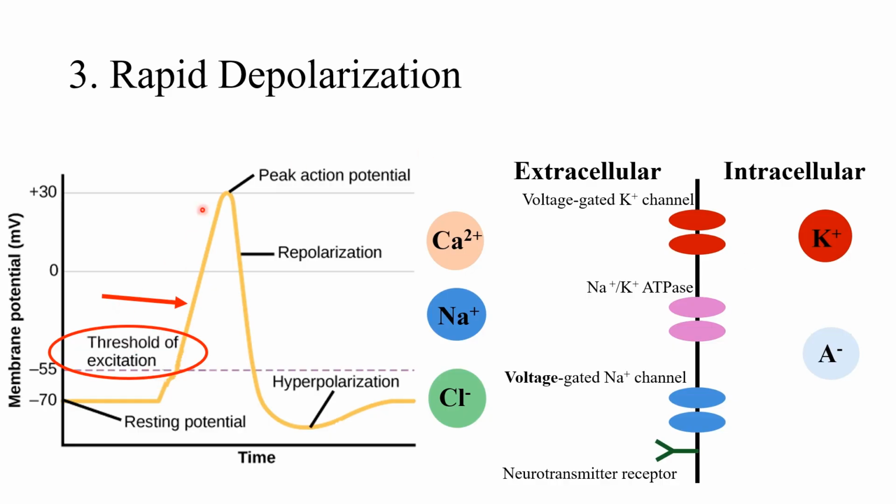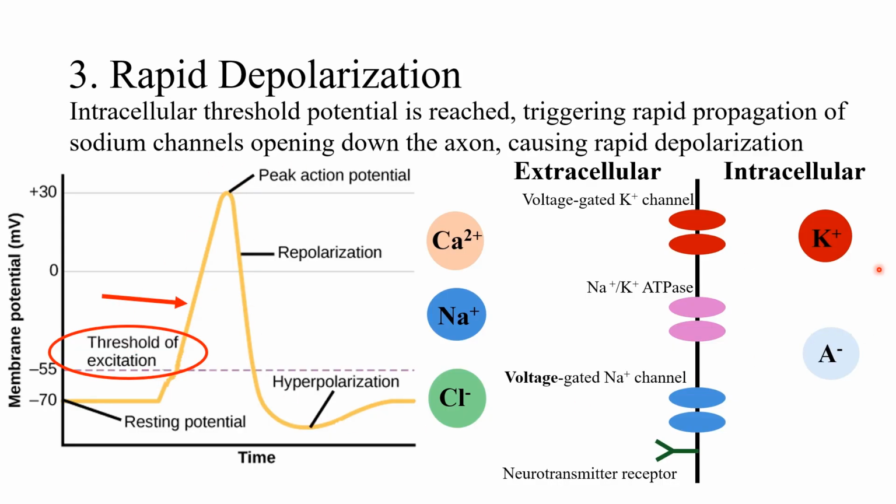Then we get the rapid depolarization, right? And that's when we get this really big positive spike in the membrane potential. And what's happening here is your intracellular threshold potential is reached, triggering a rapid propagation of sodium channels opening down the axon, causing this rapid depolarization. So what this means is once you get to that point of around minus 55, your voltage-gated sodium channels, remember these are now voltage-gated, open up, and you get this tremendous influx of sodium.